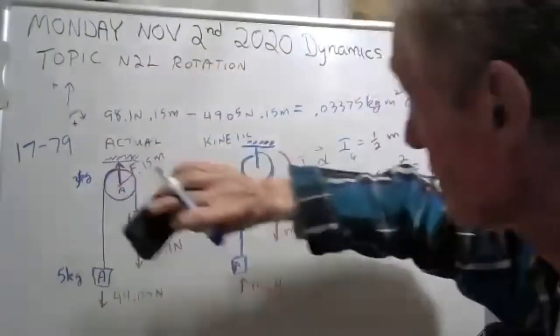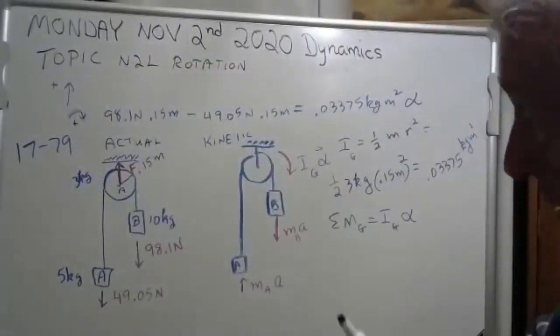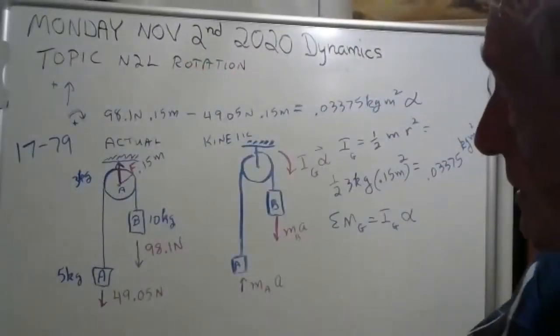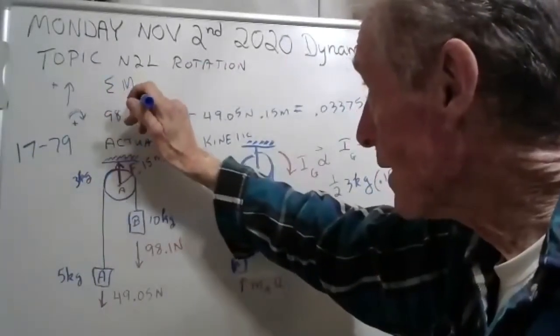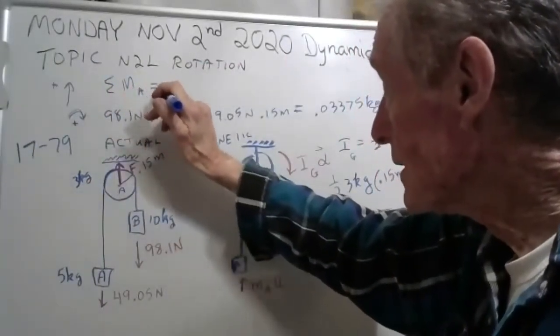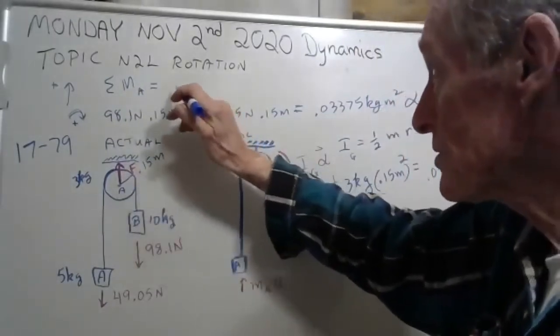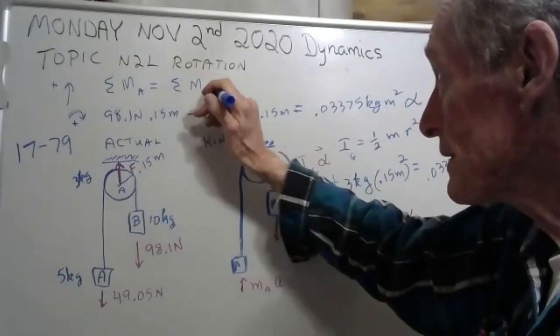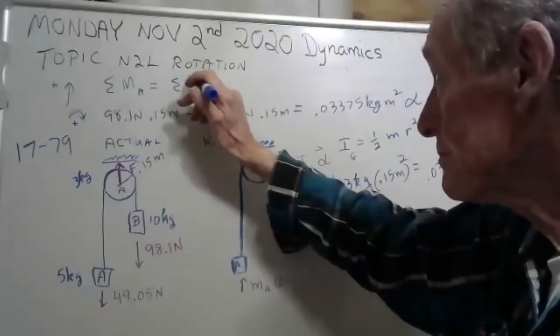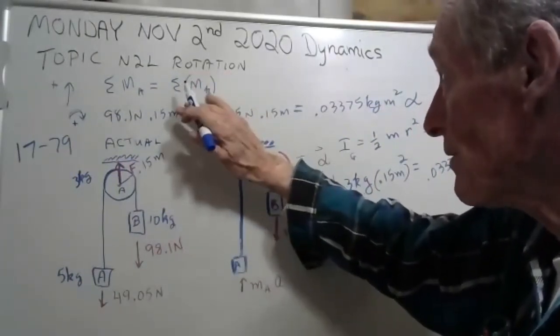Guys, never mind, what I have is wrong. I'm missing some stuff. The way it works is the sum of the moments about A is equal to, in this case, the sum of the kinetic moments about A.